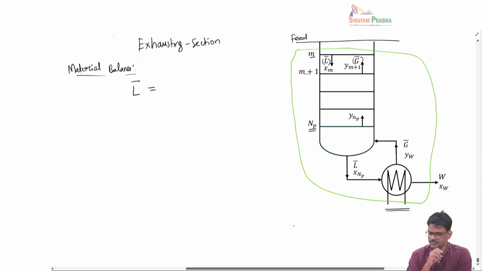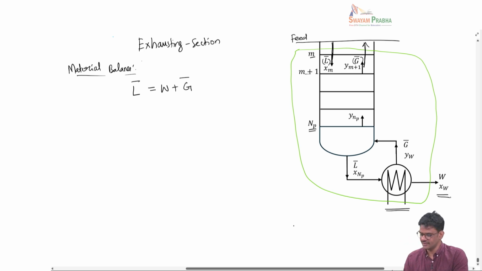L bar is equal to W plus G bar, right. You can see that what is entering this envelope is this liquid, and what is leaving is this vapor flow rate here and also the residue. Okay, this is only the material balance.